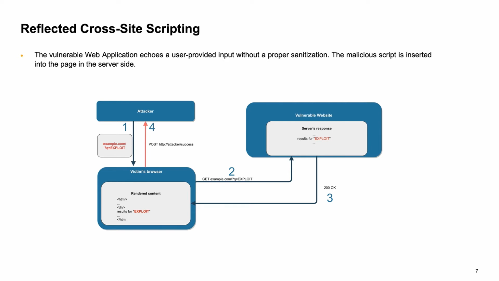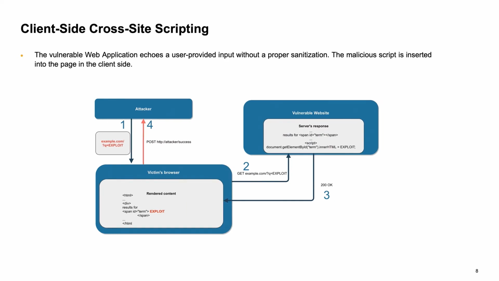Here is an example where the attacker sends in step 1 a crafted URL to the victim, for example via email, and the victim then clicks on it and requests in step 2 the URL with the payload on it from the server. The server will then reflect the exploit in the HTML and send it in step 3 back to the victim, which leads to script execution in the browser.